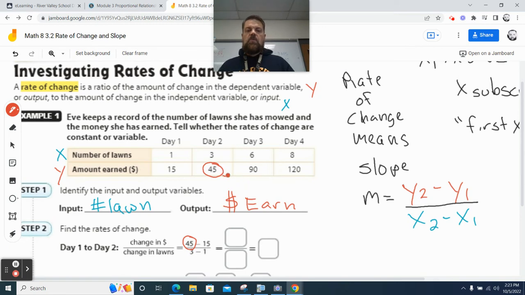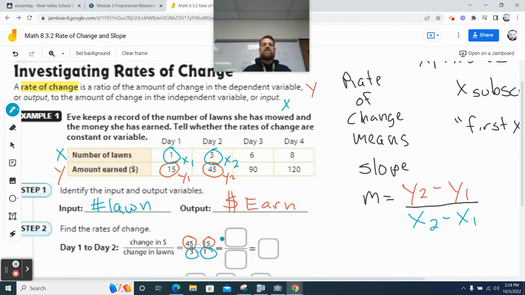So this is like y2 minus 15, which is this one here, which is like the first y value. Also, we do the same thing with the x's. We're going to say x sub 2, which is this one here, x sub 2 minus x sub 1. That's where those numbers come from.